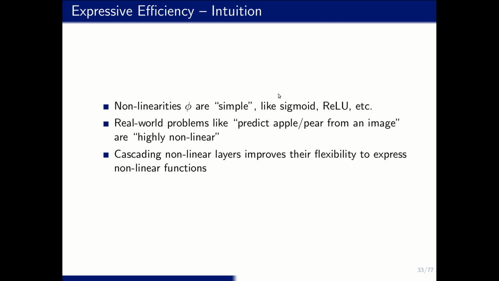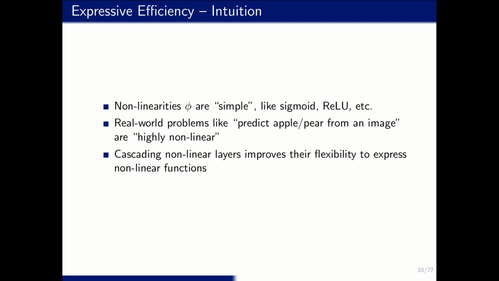Now imagine a real-world problem like predicting apple or pear from an image, so mapping a vector of pixels to a decision, apple or pear. Intuitively, this is not a simple function, but highly nonlinear. This is a difficult concept.